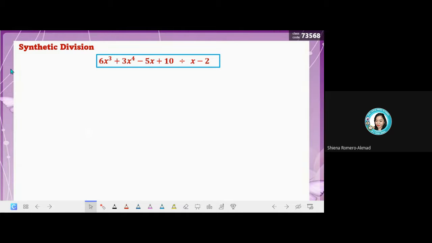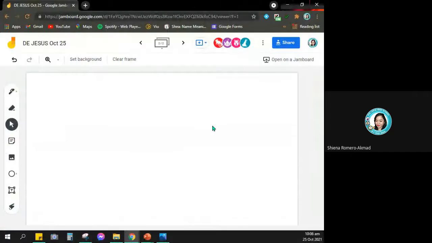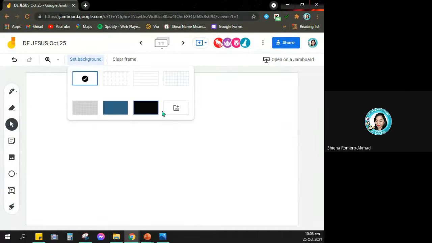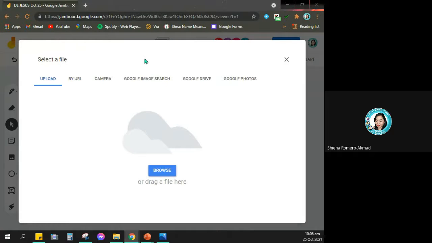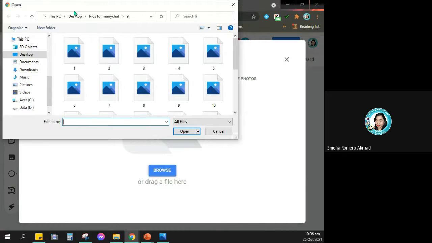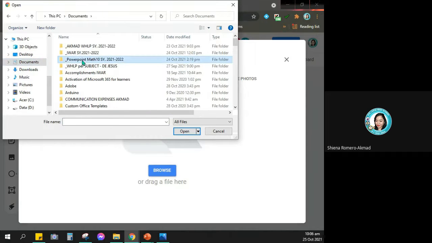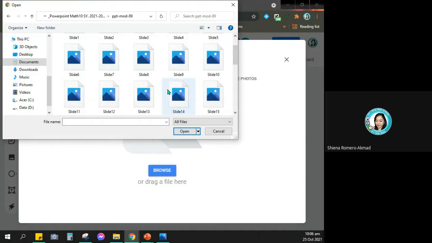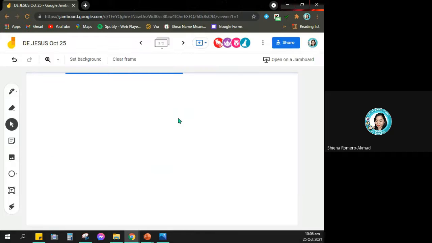Anong page ba ito? 19? Pwede naman tayo mag-ano. Wait lang, ang set frame ko. 19. Para hindi nagagalaw.